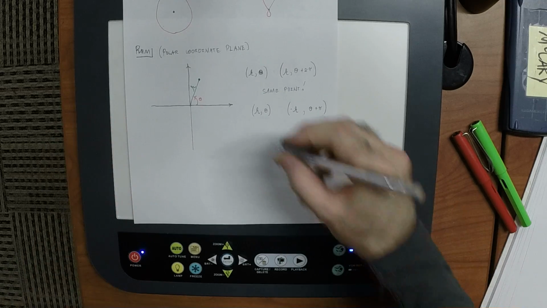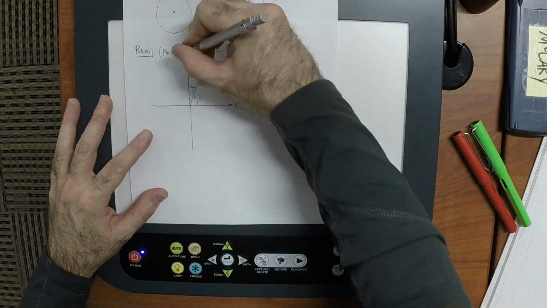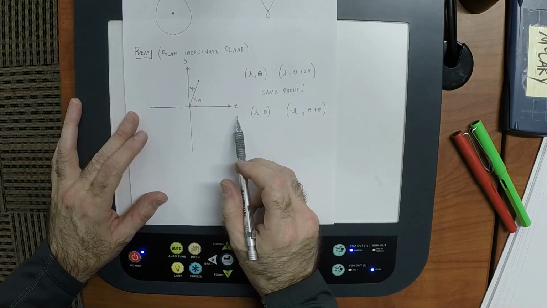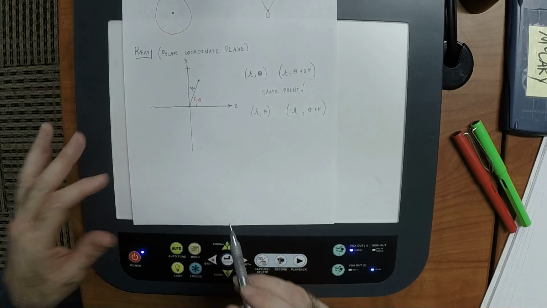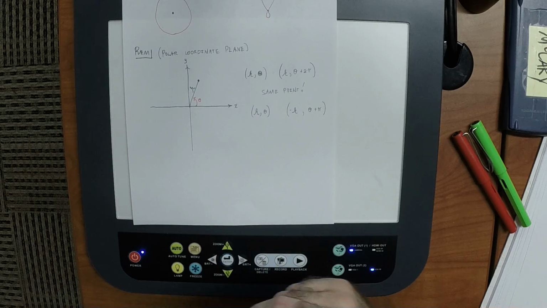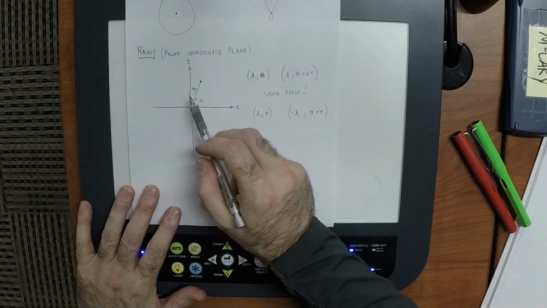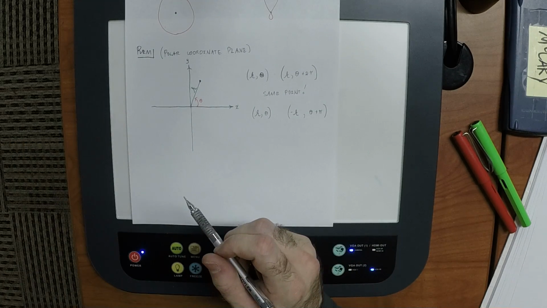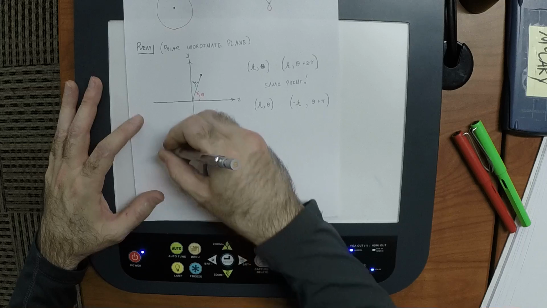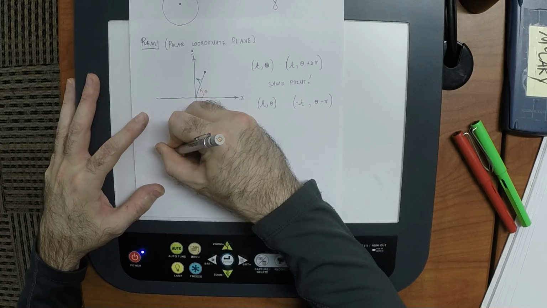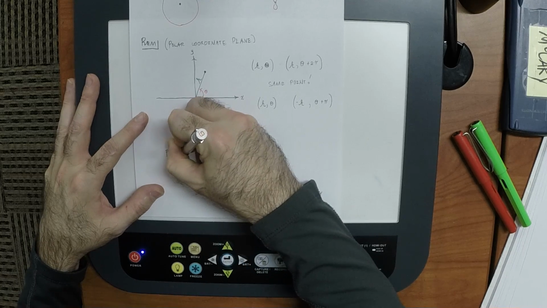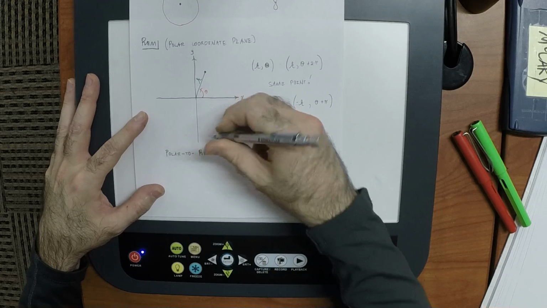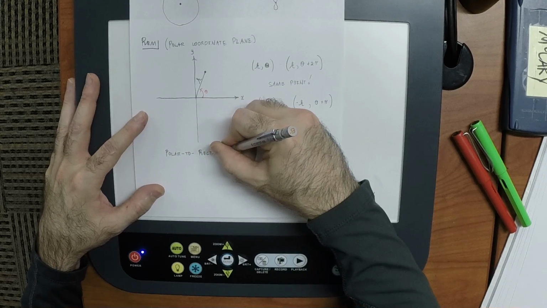Now, the thing that we're going to be interested in is that we're still going to want to be able to relate this back to rectangular coordinates, which is to say x's and y's. So if we have r's and thetas and we want to get back to x's and y's, then these are the polar to rectangular formulas.